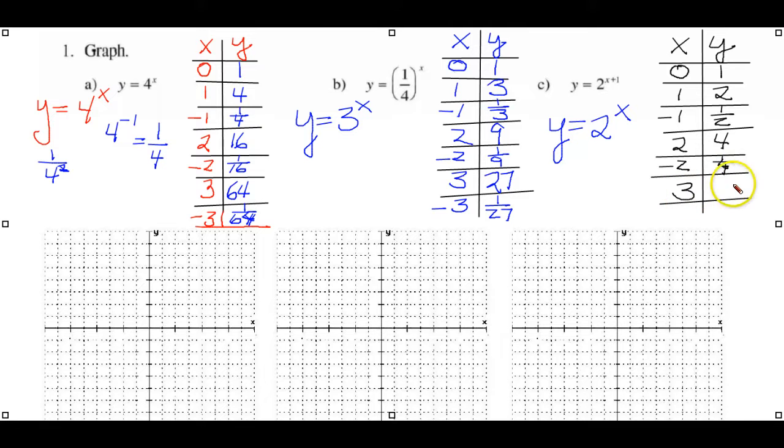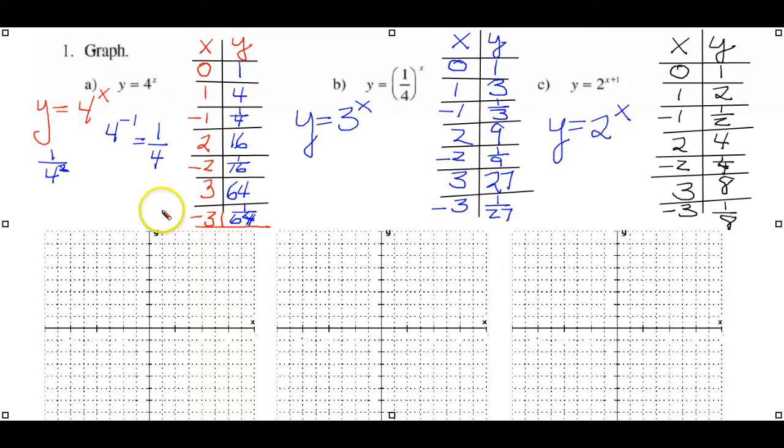2 to the third power is 8, and 2 to the negative 3 power is 1/8. So we now have 3 values in which we have y equals 4 to the x, 3 to the x, 2 to the x.